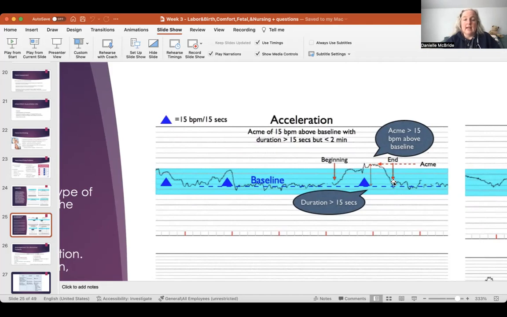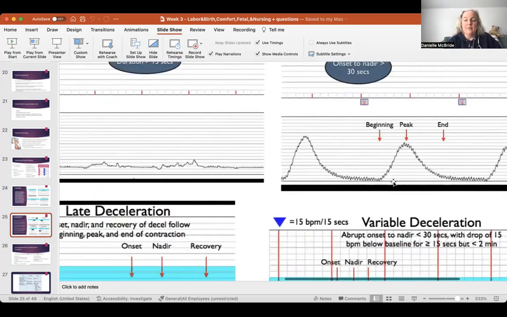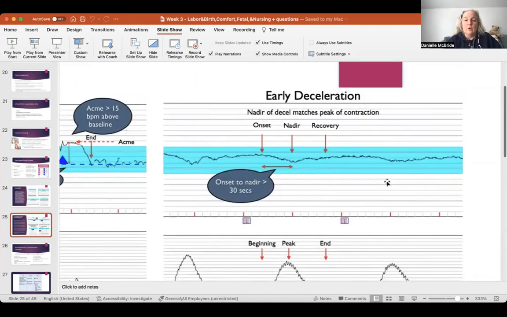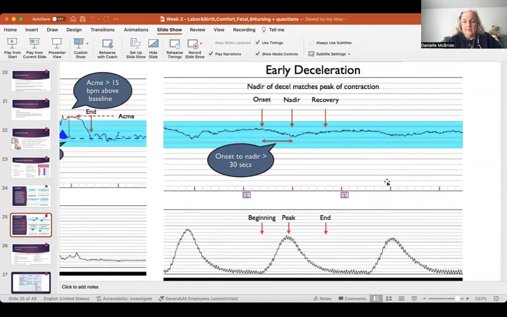All right, so that's an acceleration. Our decelerations are going to be when the heart rate changes below the baseline, and different ones mean different things. So an early deceleration, you can see on the bottom part of the graph where the contractions are.